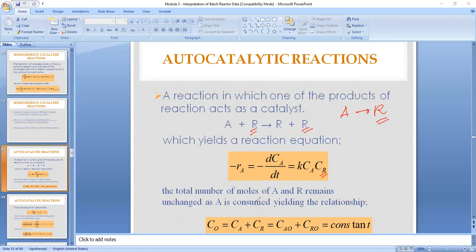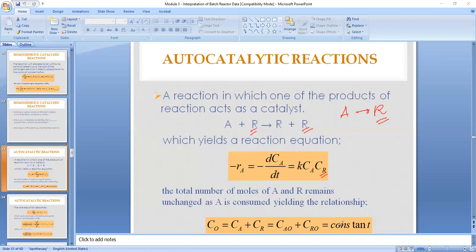So if you're starting with an initial concentration of C_A0 and C_R0, then at any particular time, the sum of these two concentrations should be equated to the remaining amount of A and the final amount of R formed in your reaction. So you can see here that the sum of C_A0 and C_R0 is equated to C_A and C_R because it's a constant.